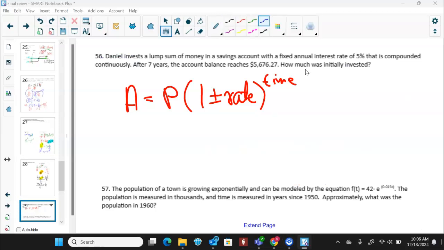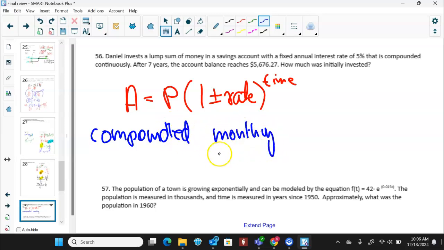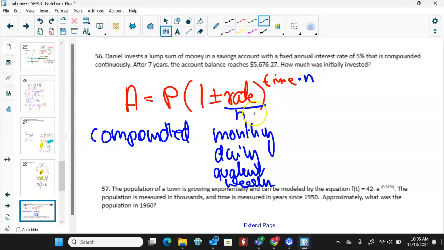In a sentence, you may see the words compounded monthly, daily, quarterly, or weekly. That's when, in the same formula, you're going to add your n. You're going to divide by n, and you're going to multiply by n. This is your n. So monthly is 12, daily is 365, quarterly it's 4, and weekly it's 52.